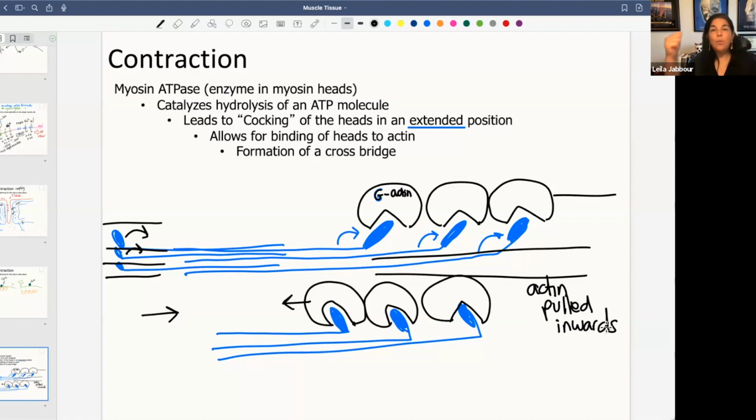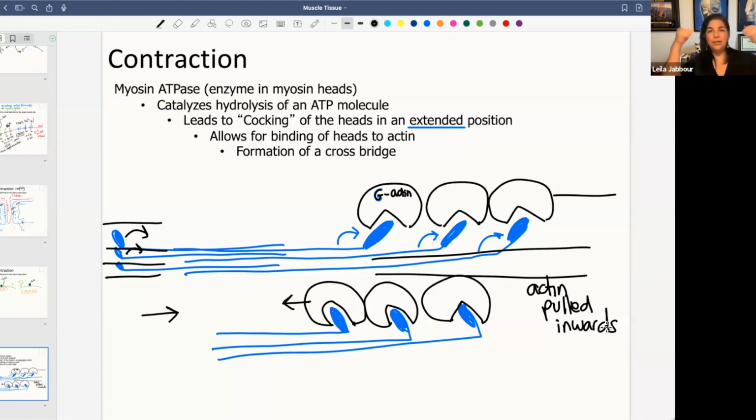So once there is this flexion and the filament gets pulled in a little bit, the heads then dissociate from the G-actins, and ATPase kicks back in and cocks the heads back out. So the ATP is used for the cocking motion, so we can form a new cross bridge.